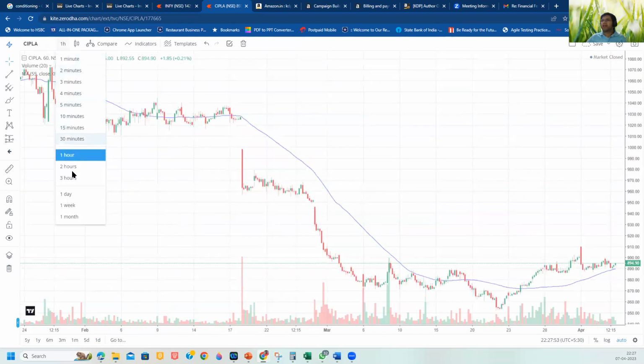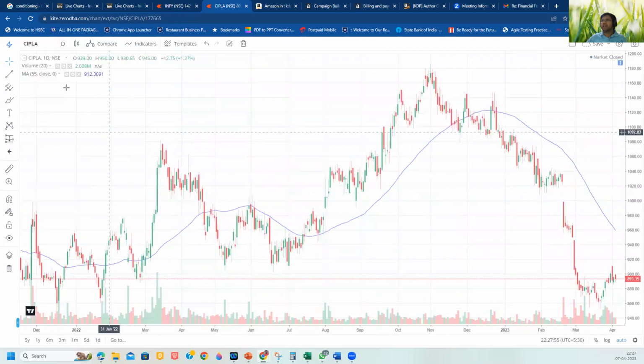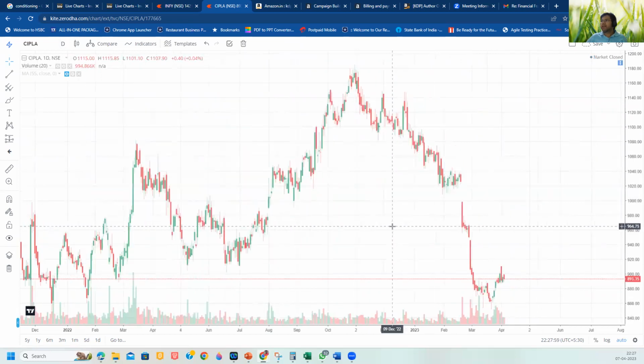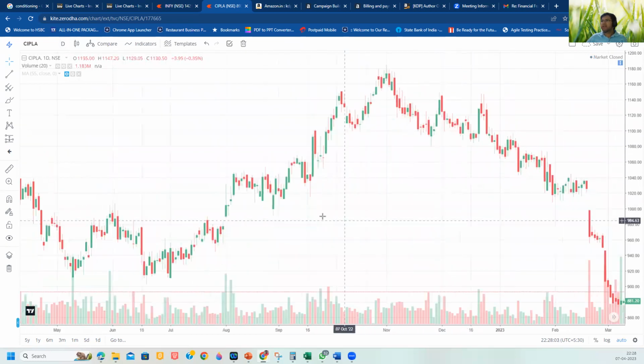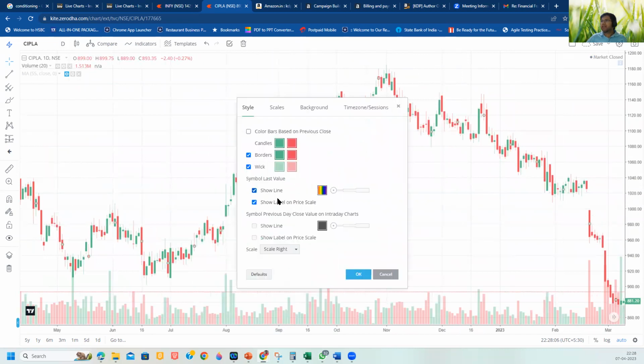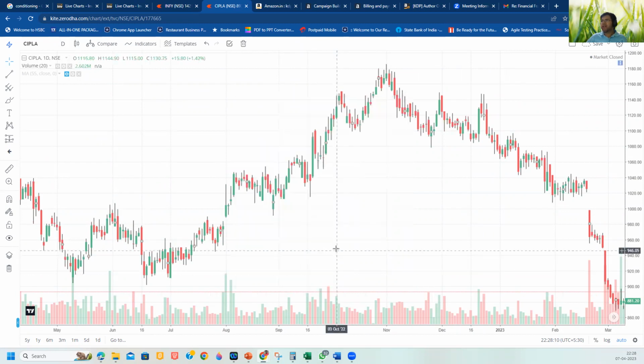Perfect. And I will select one day. I'll remove this one. Okay, let's take an example of this one. I'll just make the candles a little bit visible.